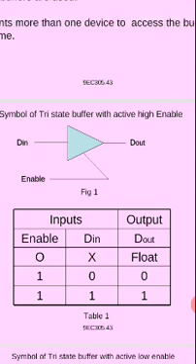If enable is 0, whatever may be the D in, the D out will be float.